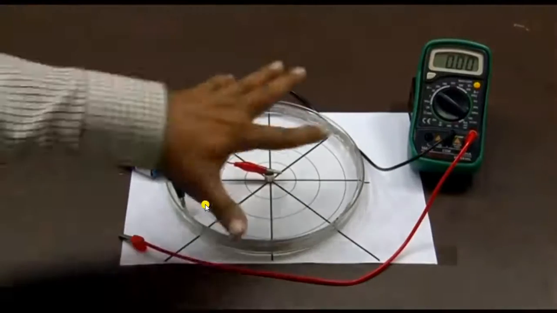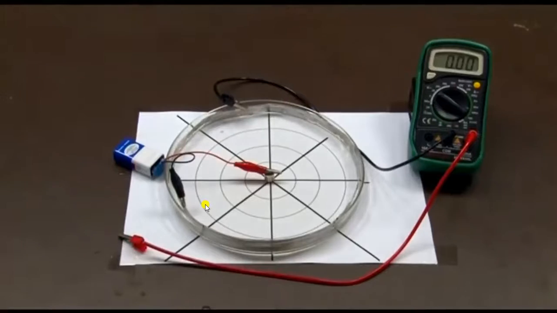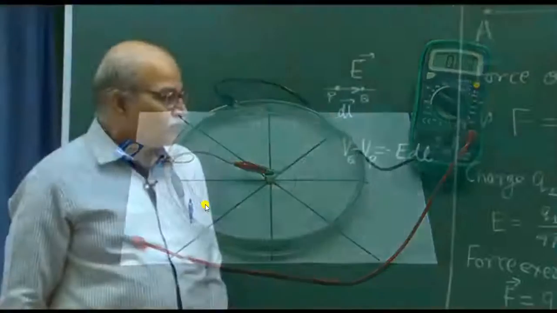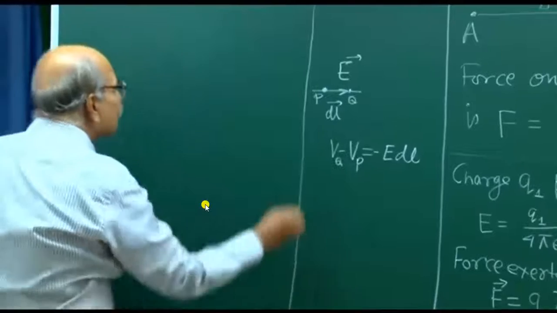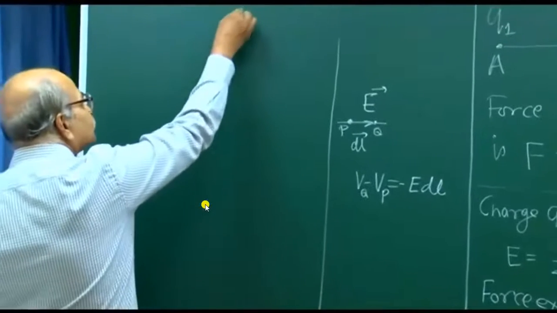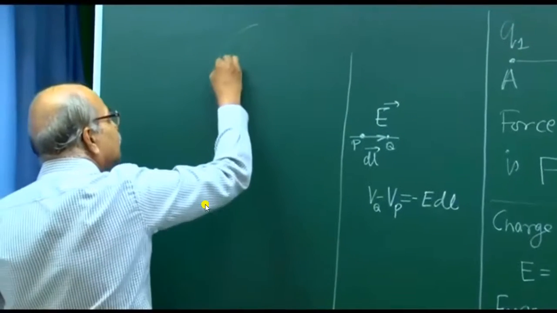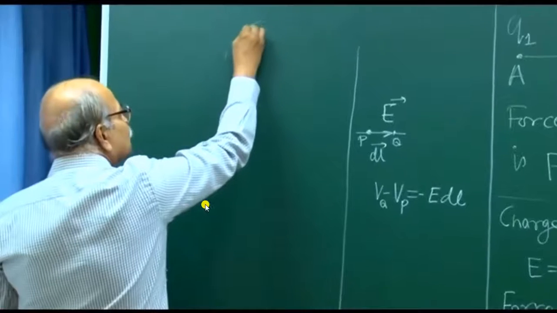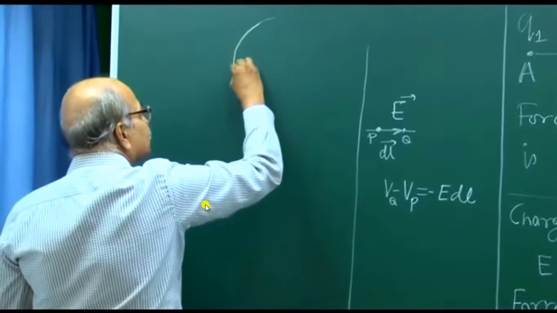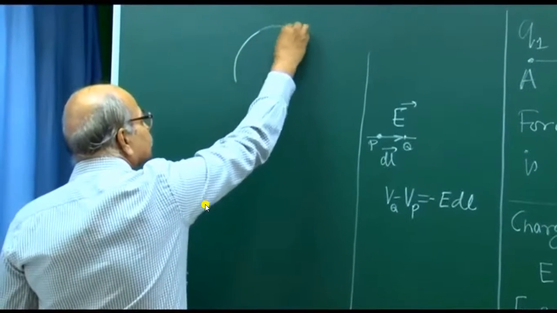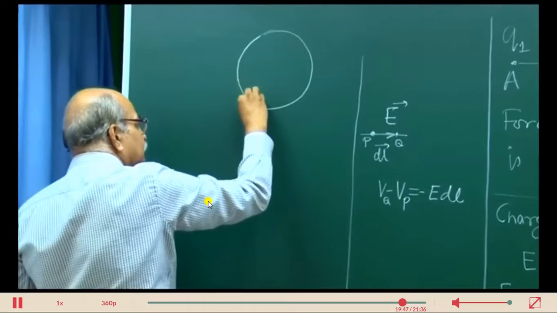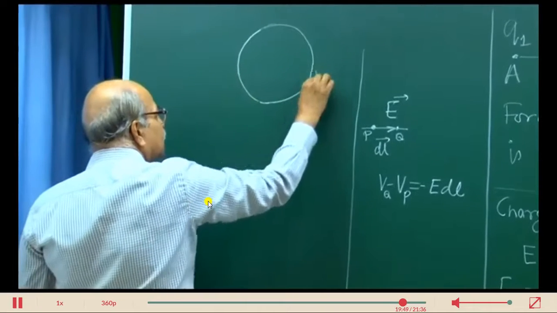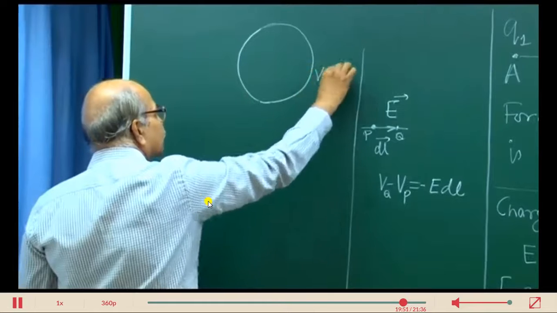So, let me write these things on the board and ask a question. What we had was an aluminum ring here which I assume to be at 0 potential.